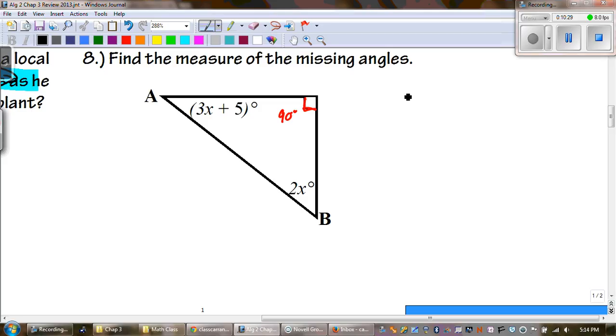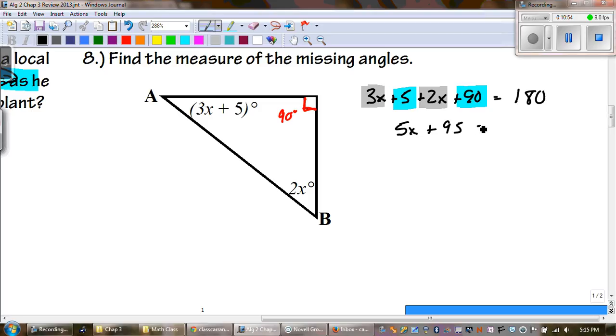The sum of a triangle, if I take all of these angles plus 2x plus 90, all 3 of those equal 180 degrees, okay? So let's start by combining your like terms. 3x and 2x is 5x plus 95 equals 180, okay?